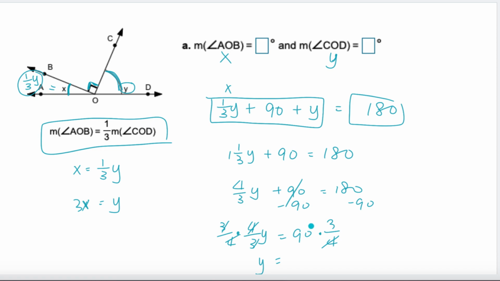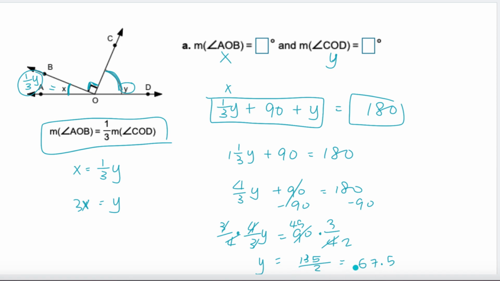To simplify this, I know this is divisible by 2, which gives 45. And 3 times 45 is 3 times 5, 15, 3 times 4, 120. So 135 over 2. So y is 67.5.